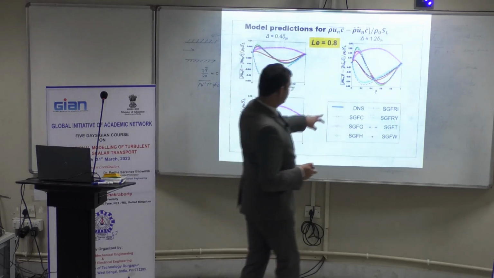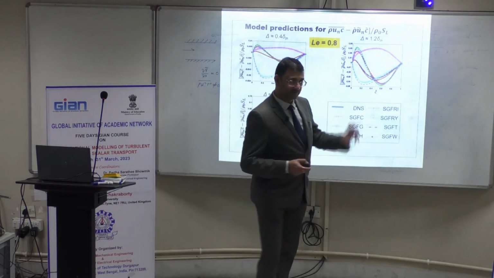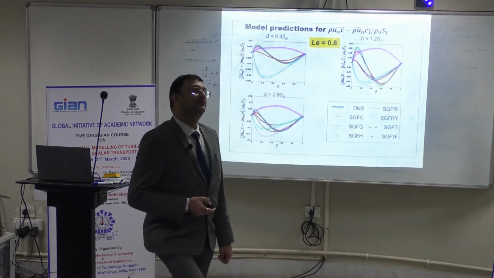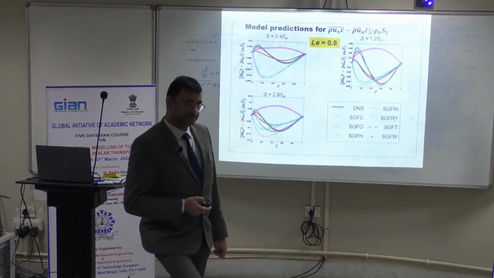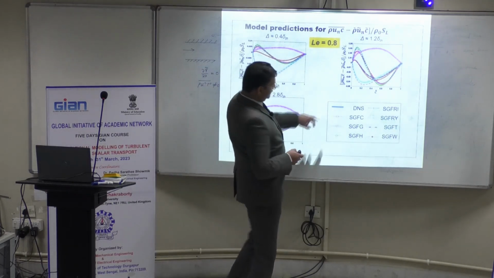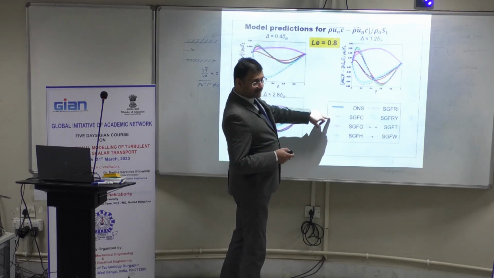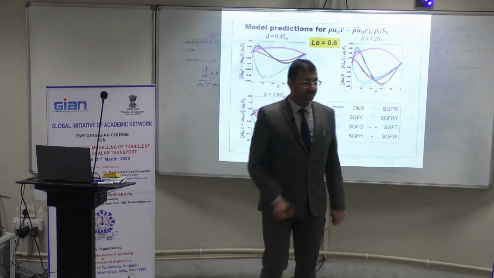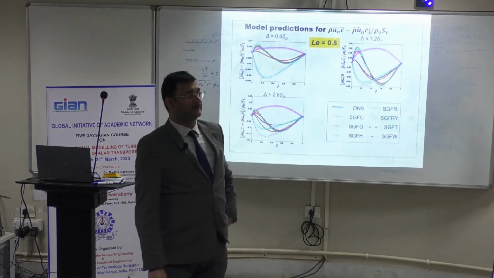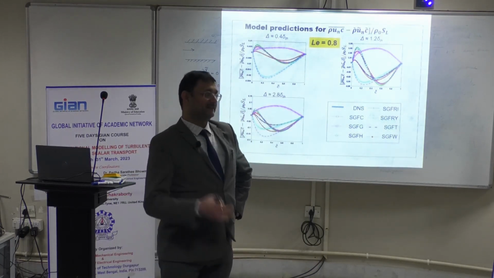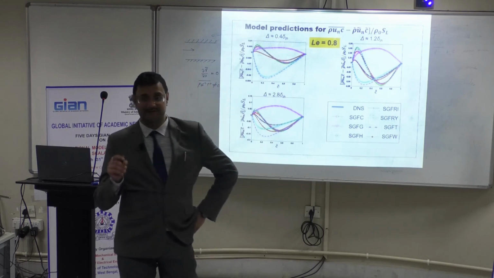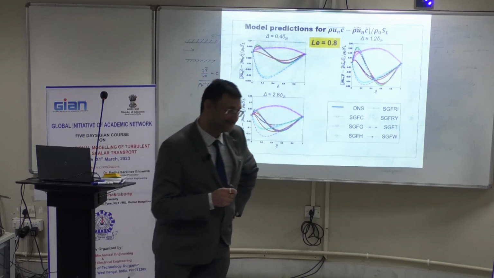These two models, Clark's model and Bhowmik's model, which are related, they tend to behave much better than other models. But you will see the quality of agreement, the extent of agreement with DNS data and Clark's model deteriorates with increasing filter width. Why? You will understand in the tutorial.